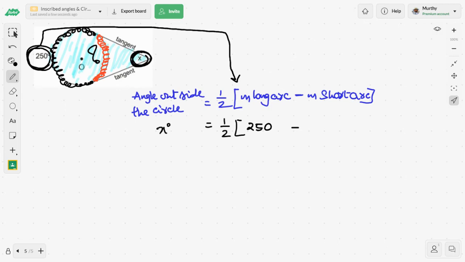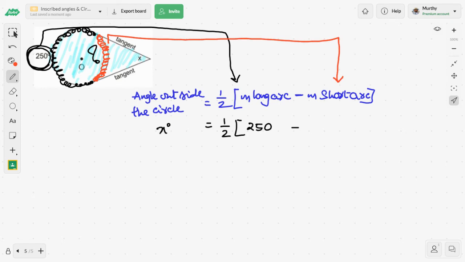So can I have two unknown values? The answer is no. So how do we figure out the measure of the short arc? It's not given in the question.